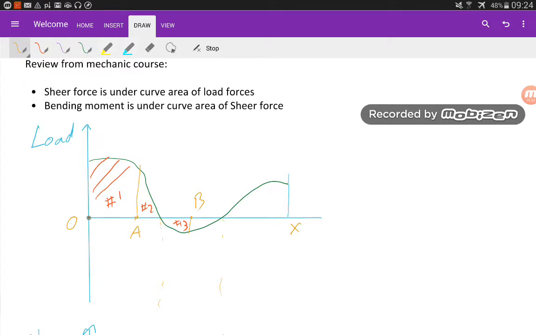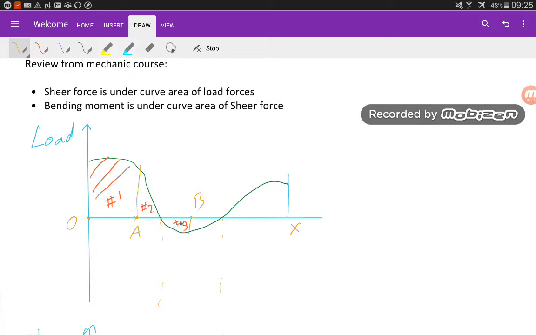So from point O to point A, what is the under curve area? That's what I marked as number 1. From point A to point B, as you've seen, our curve is crossing 0 because our load will be negative. That means our load is in either direction, so you have to consider the positive and negative area.